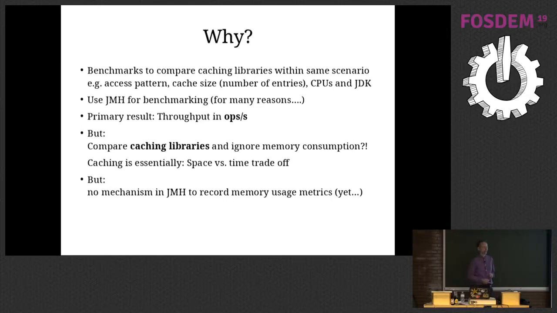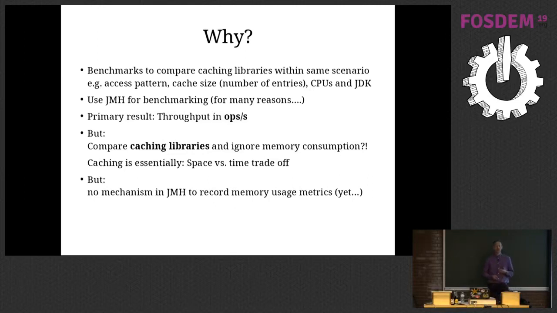I use JMH for benchmarking for a couple of reasons, but I'm not going into detail about this; it's a whole other topic. When you do JMH throughput benchmarking, the primary metric you get is operations per second.